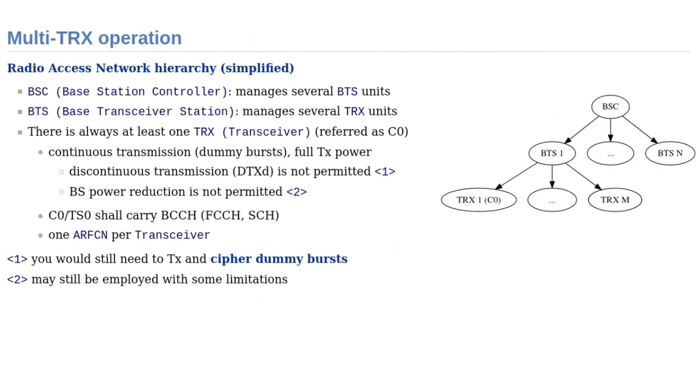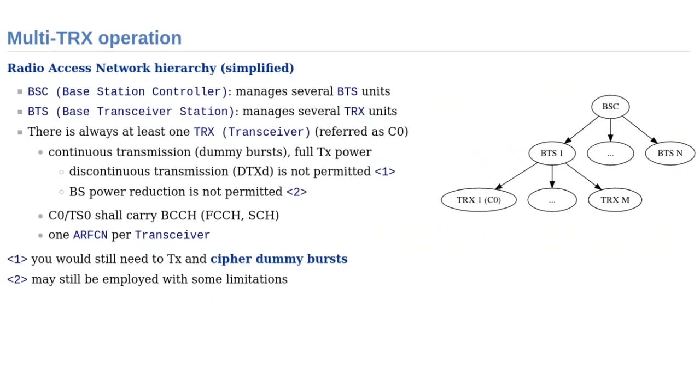And one of the requirements by the specs is continuous transmission. You cannot have any gaps in the signal. If you don't have anything to transmit, you transmit special dummy bursts that have no meaning, just to keep the full power.